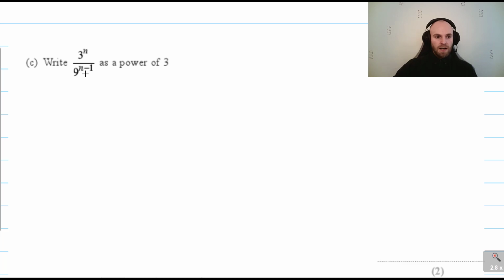Okay, so I'm going to leave the top for now. So 3 to the power of n all divided by, well, remember I said we want to get rid of this 9 and get it all in terms of 3. So 9 equals 3 squared. So I'm going to put 3 squared in brackets to the power of n minus 1.